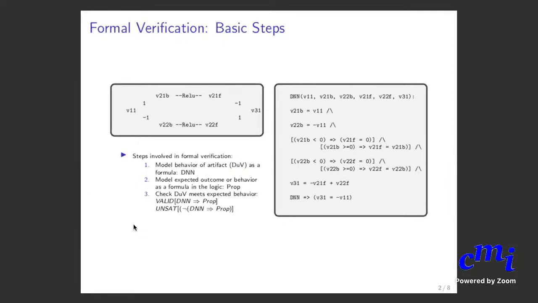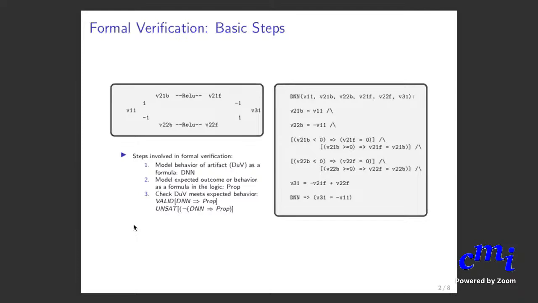So in general, formal verification of any kind of artifact. By artifact, I mean it could be a program, in this case a DNN, it could be hardware or any combination of things. So the first step is to model the behavior of the artifact, that is, the design under verification, as a formula.